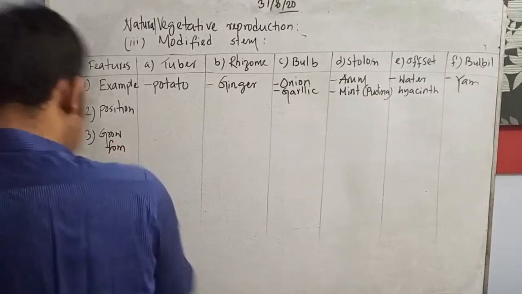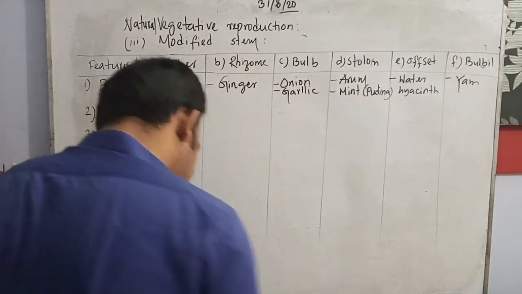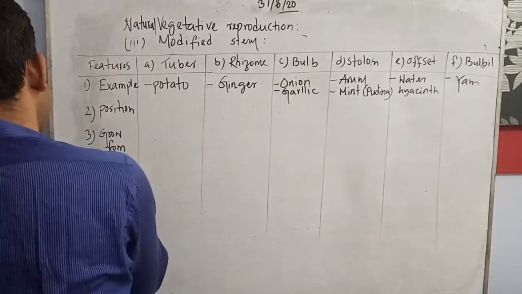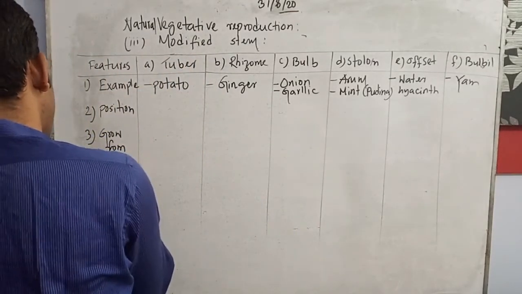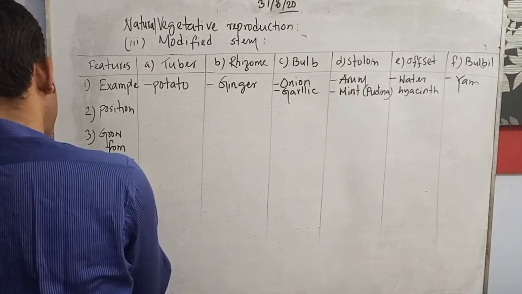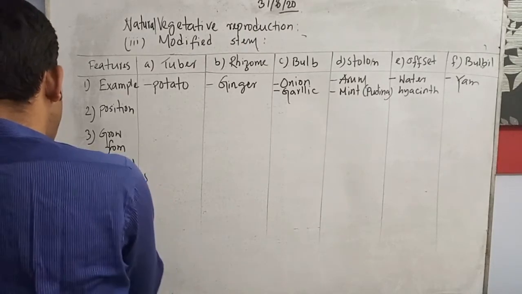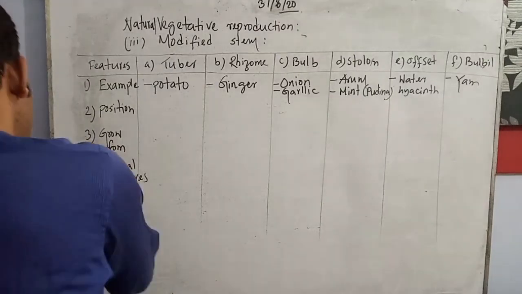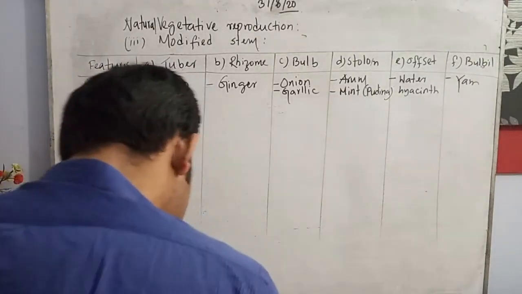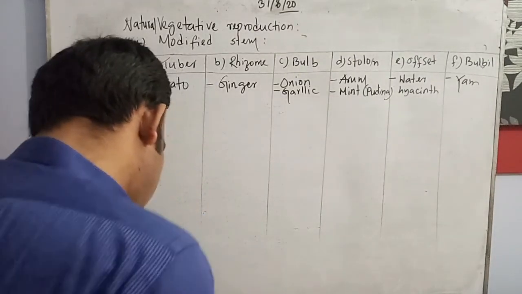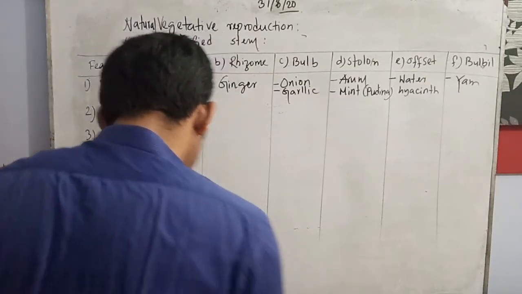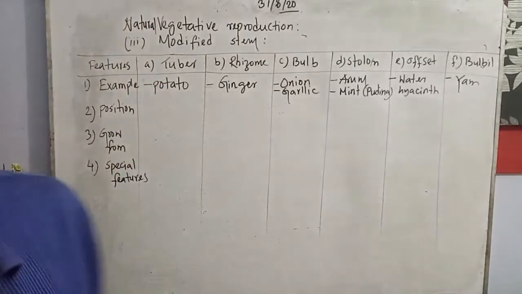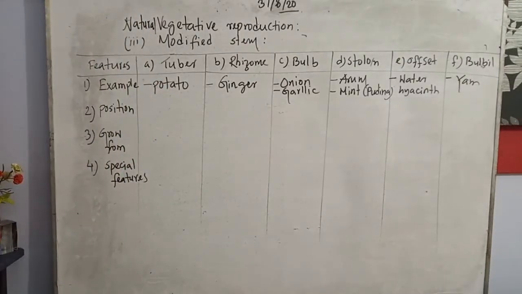Number 4, special features. Number 5, I write this one, you can see from there, special features. Okay, example we have written. So up to special features it can go on.